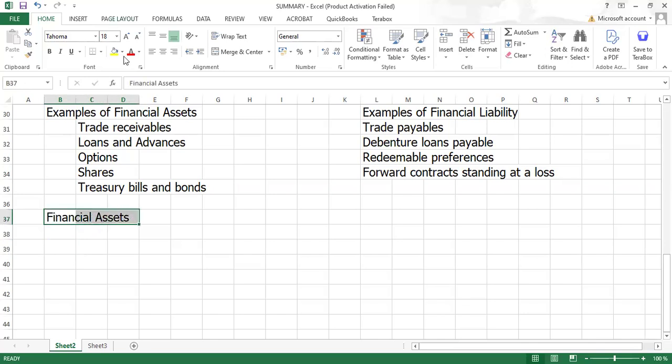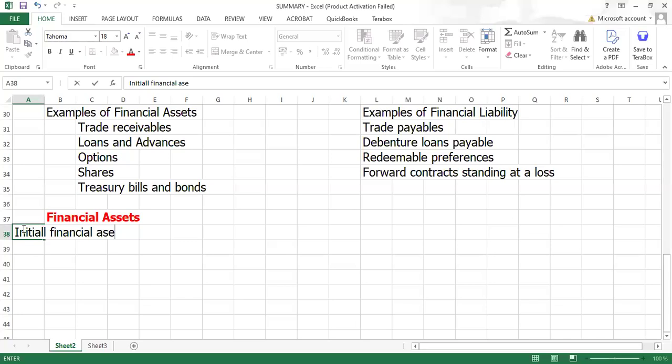How are these financial assets measured? If it's a financial asset, how is it measured? Initially, financial assets are measured at fair value. That is according to the standard.